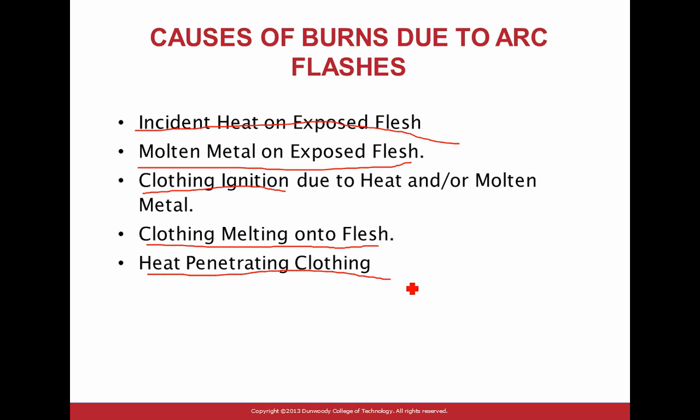Heat penetrating clothing, that's why we have all these arc rated clothes that you put on, so that first it doesn't ignite as fast, it doesn't penetrate through, and it doesn't melt into your skin. Does that make sense?